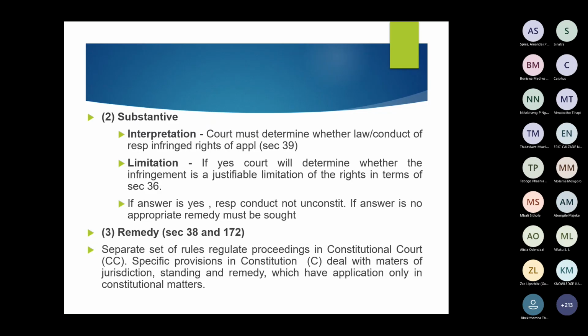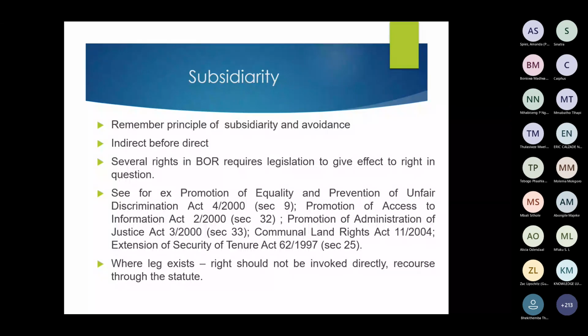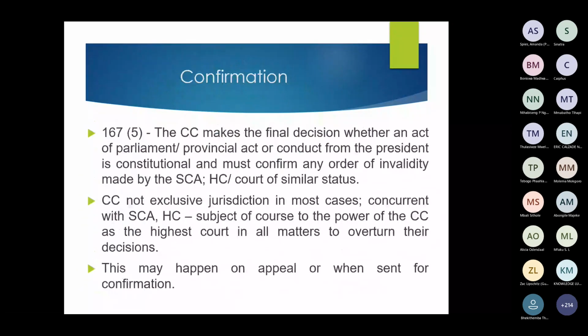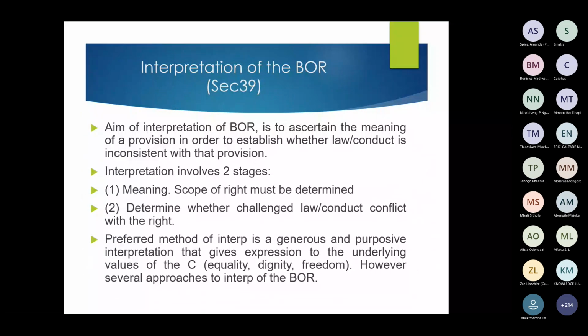So you're now before court, and obviously if you litigate constitutional rights or your fundamental rights, you need to know how the courts would interpret these relevant rights in terms of litigating before the courts. Let me just get to the correct slide. There we go.